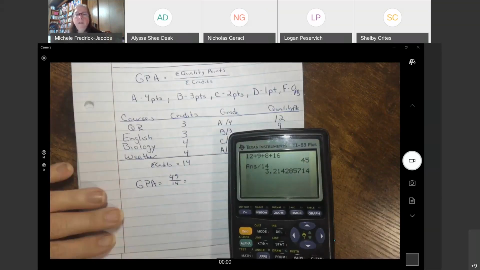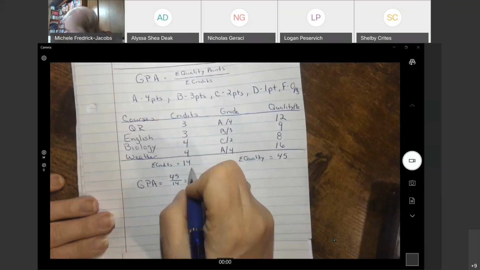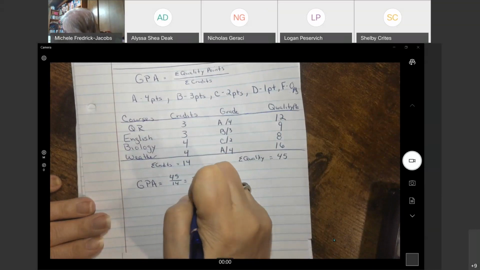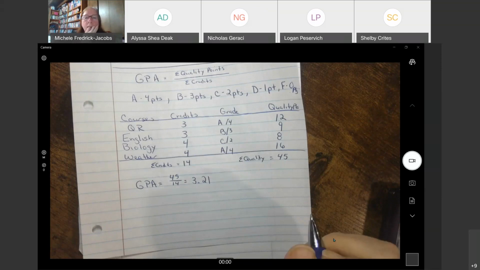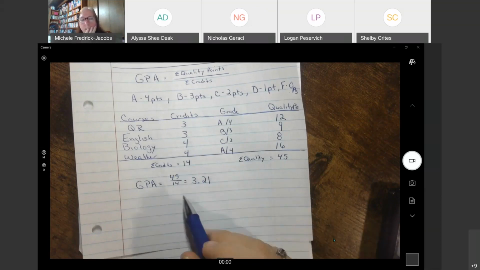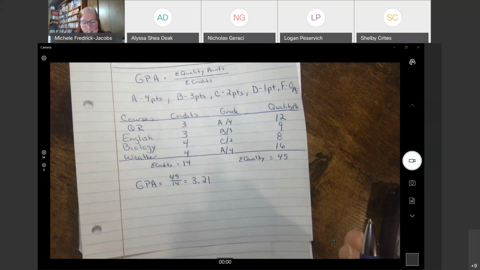Sometimes they go more, but I'm going to go 3.21. So your grade point average for this one is a 3.2. Any questions on that?